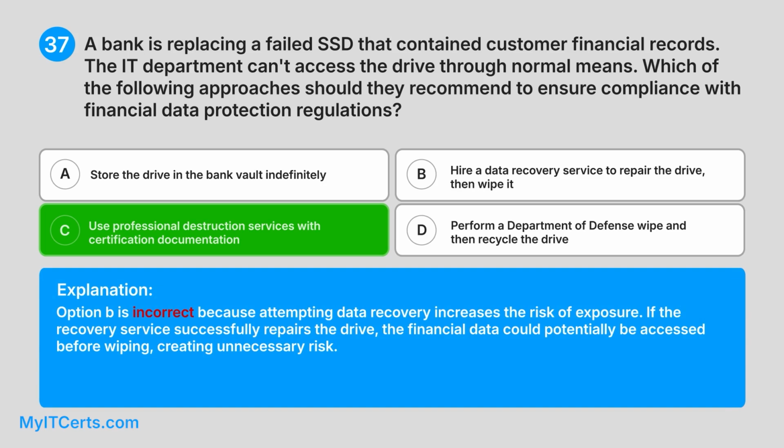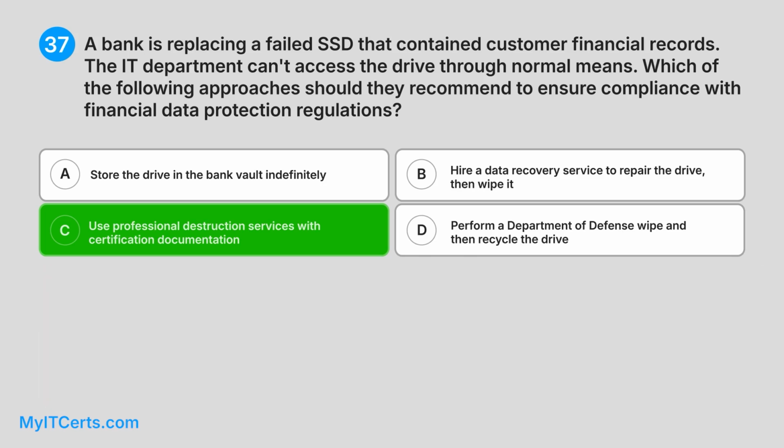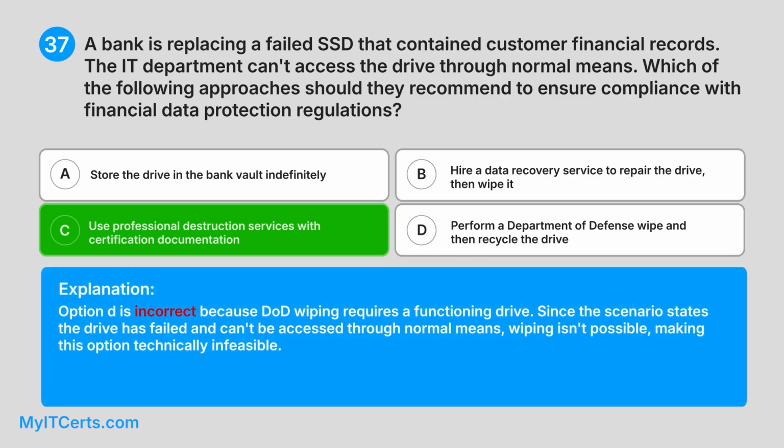If the recovery service successfully repairs the drive, the financial data could potentially be accessed before wiping, creating unnecessary risk. Option D is incorrect because DoD wiping requires a functioning drive. Since the scenario states the drive has failed and can't be accessed through normal means, wiping isn't possible, making this option technically infeasible.